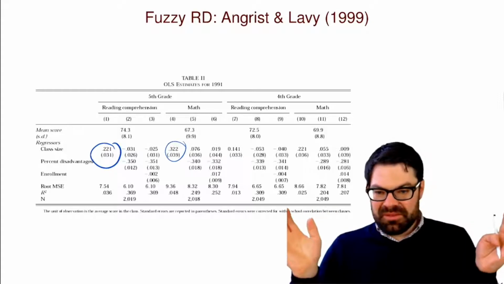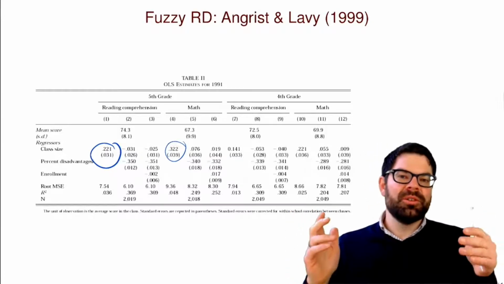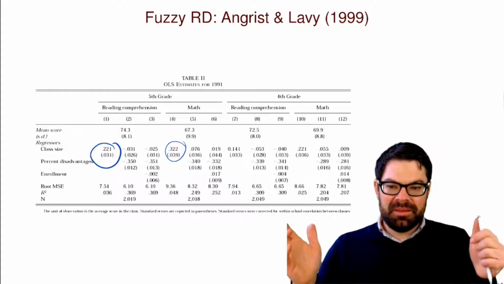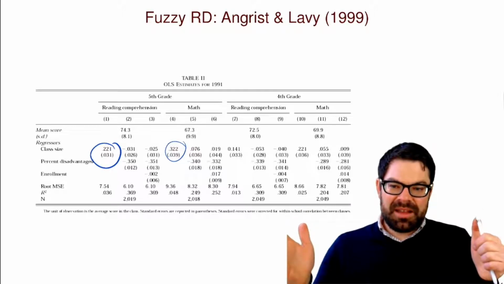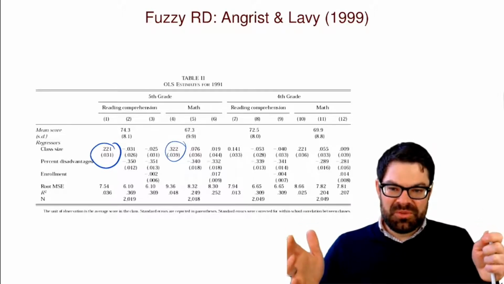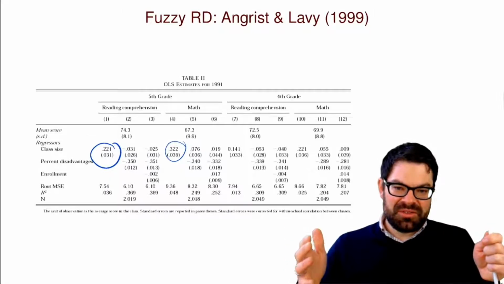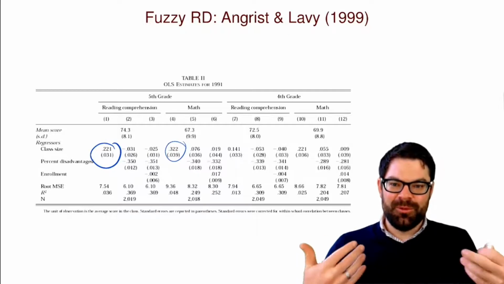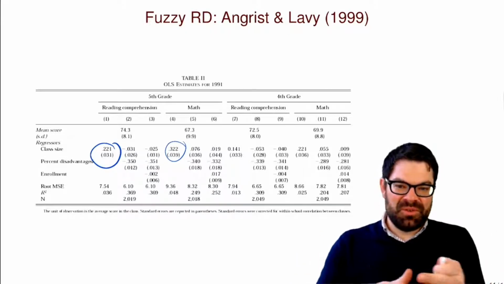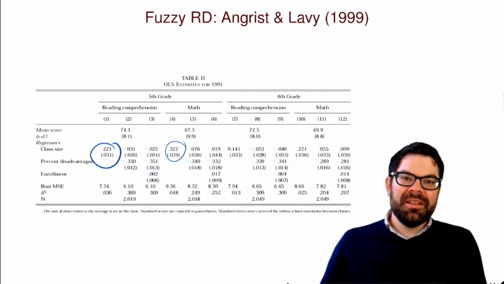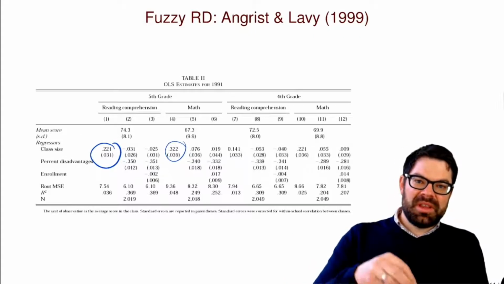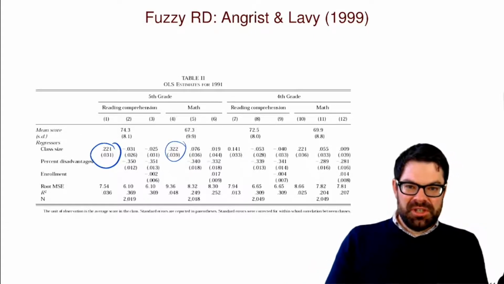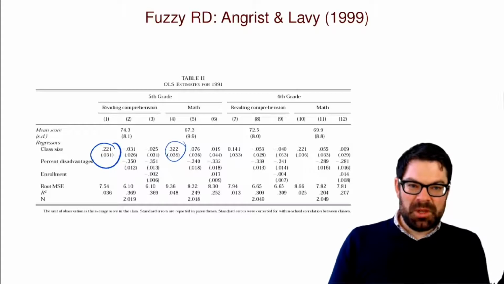Now, why could this be? Well, it could be simply that in places where students are particularly strong, that's also where they can afford larger class sizes. If we compare all the schools, then those schools that have a lot of disadvantaged children may choose to have smaller class sizes.